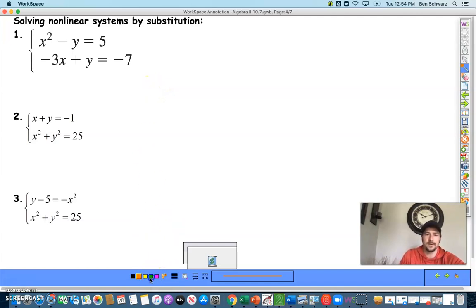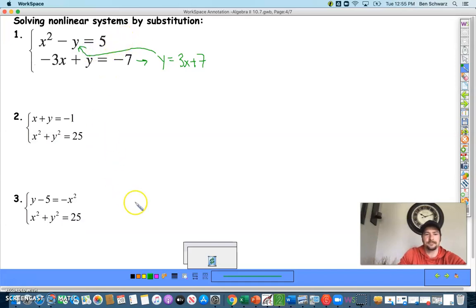So on this first one, okay, I'm noticing y is almost by itself. I just got to add 3x over here. So I can take this guy and say y equals 3x plus 7. So then what I do is I take this, and I'm going to substitute it in for y right there. There we go.